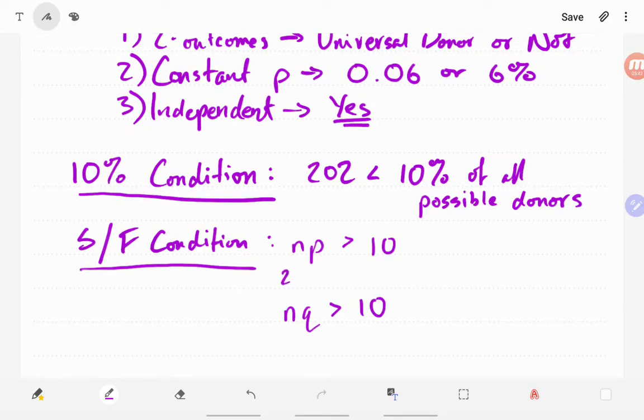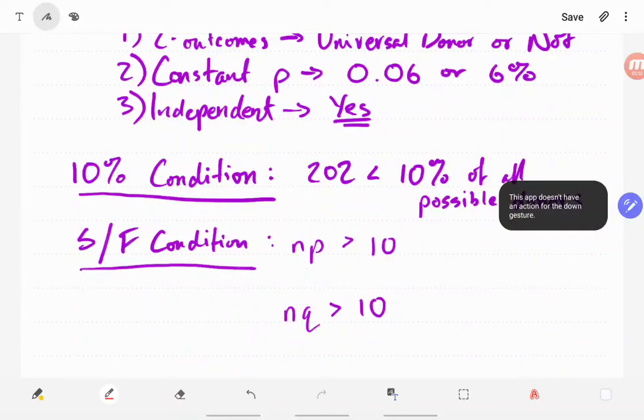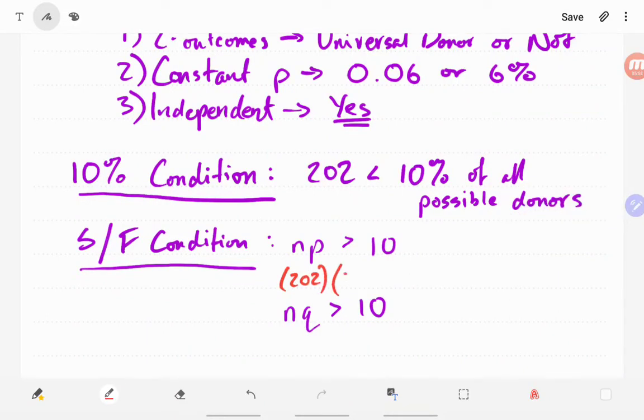Well, n is 202, and our probability of success is 0.06. So hopefully that's greater than or equal to 10. It turns out that is 12.12, which is greater than or equal to 10.